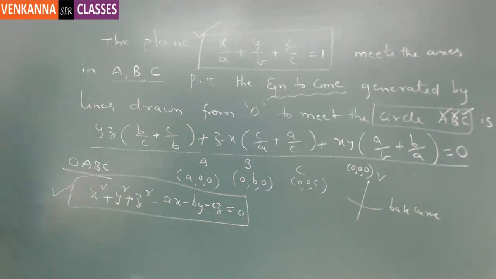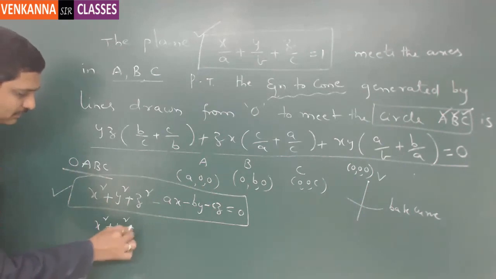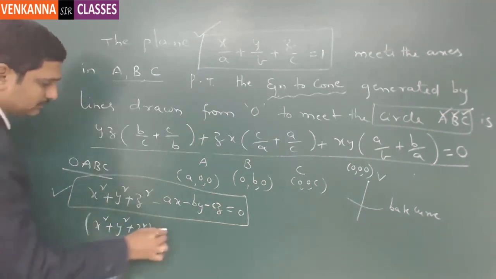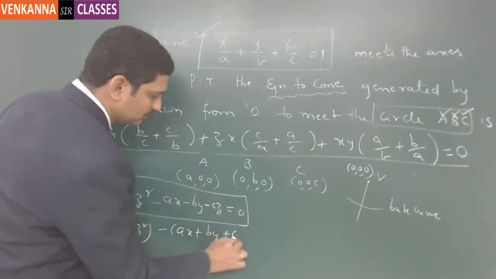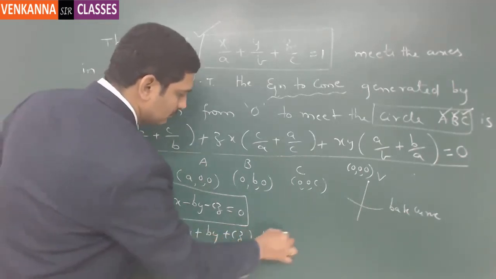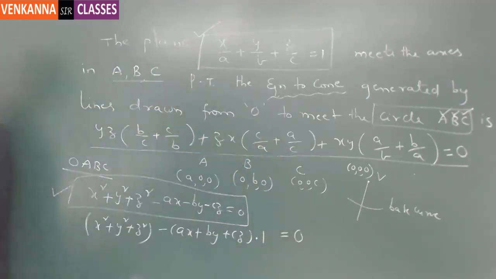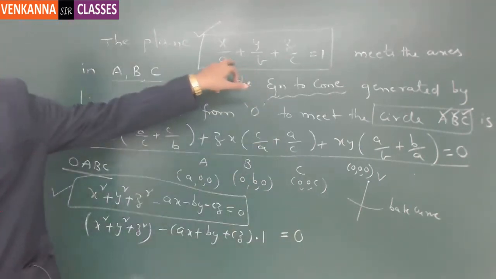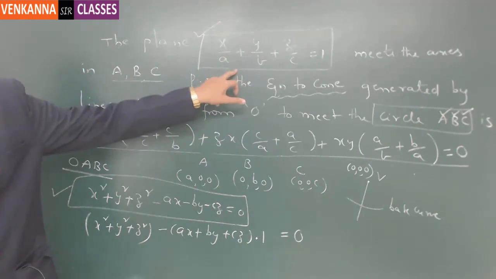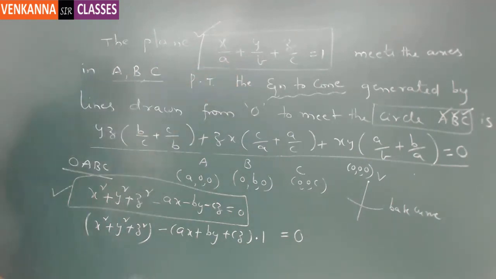So how am I making it homogeneous? This will be written as... so in place of 1, I will substitute the respective equation value.